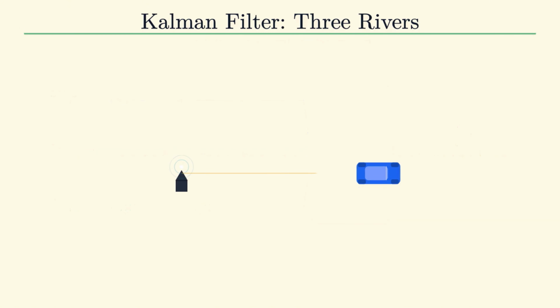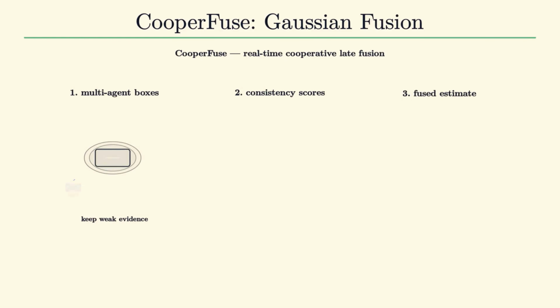With precise localization established for every agent, the core algorithmic question can be addressed. How do we actually fuse observations from different agents in real time? CooperFuse is the first real-time cooperative late fusion system. Late fusion means each agent runs detection locally, transmits its detected bounding boxes, and the receiver fuses the results.